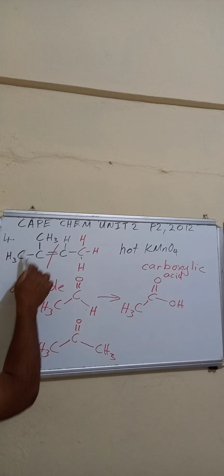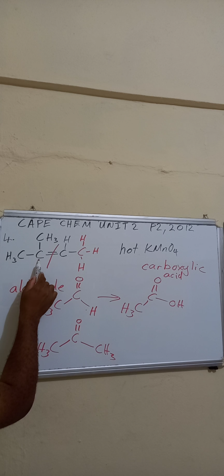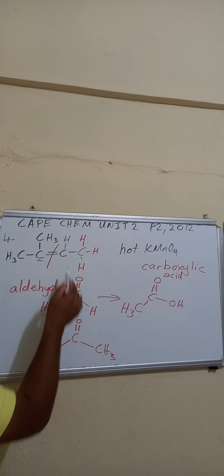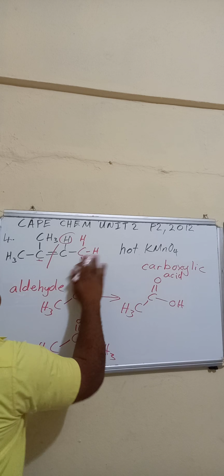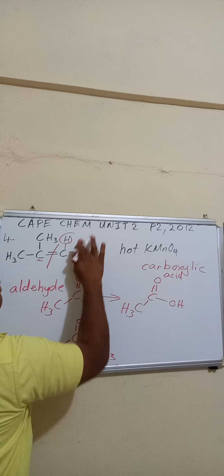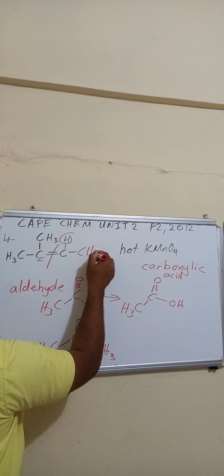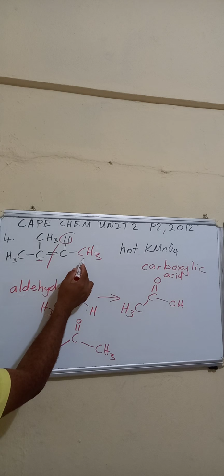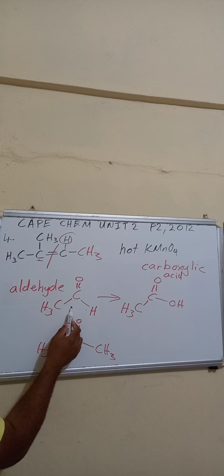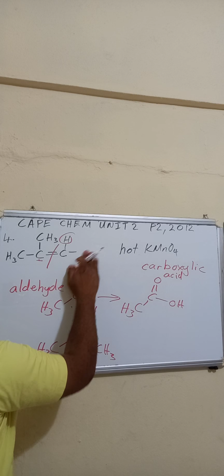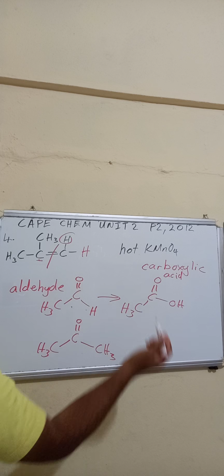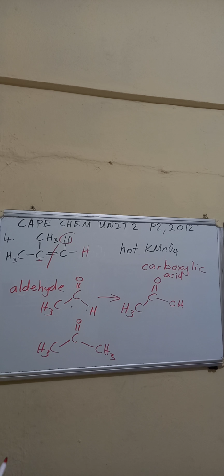So two carbons attached to this carbon of the double bond, you get a ketone. If it's a hydrogen and a CH3 group, you get the aldehyde. But if it's two hydrogens, that's when you get the carbon dioxide and water.